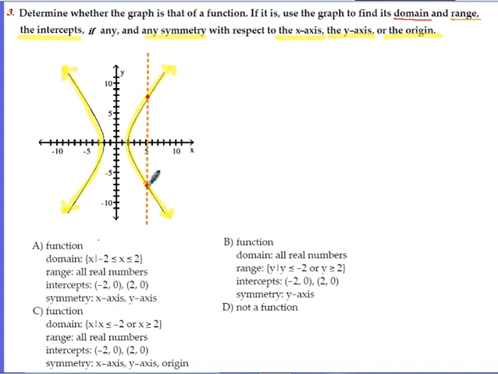So therefore, because it failed the vertical line test, in essence it failed the vertical line test.